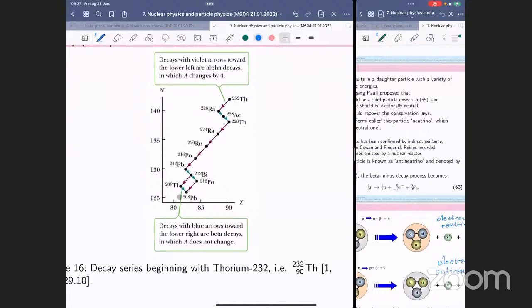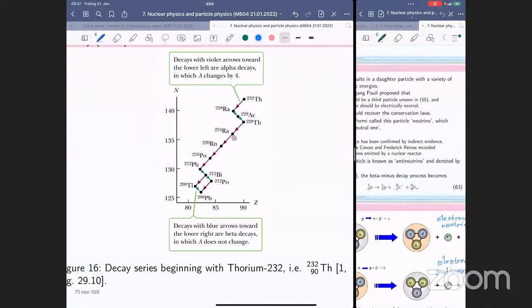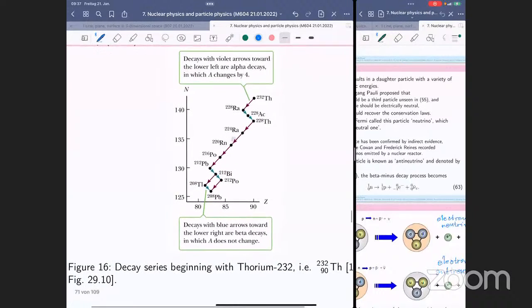Thorium-232 has the following decay process. It combines both beta and alpha processes, I would say. Decays with violet arrows toward the lower left are alpha decays. They change their nucleons from 232 to 228, so they release 4 nucleons.